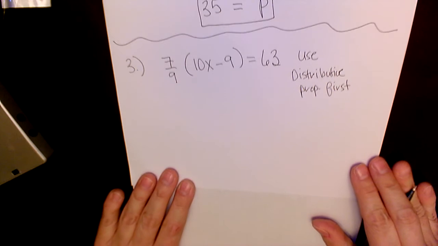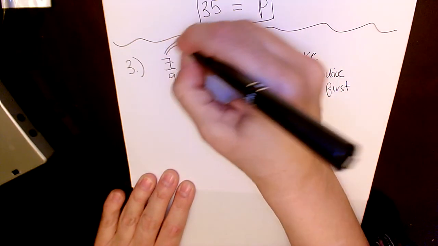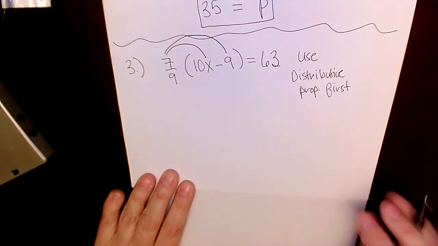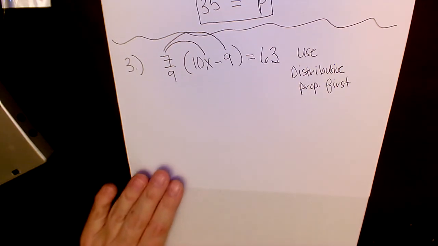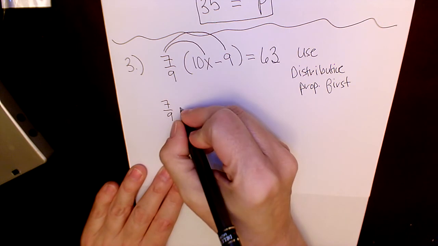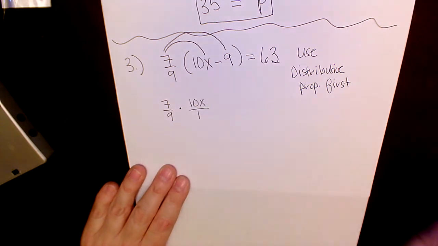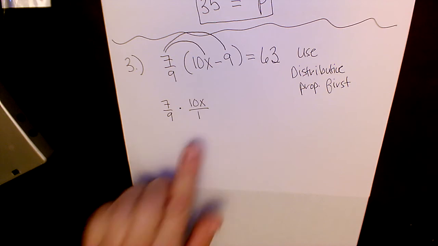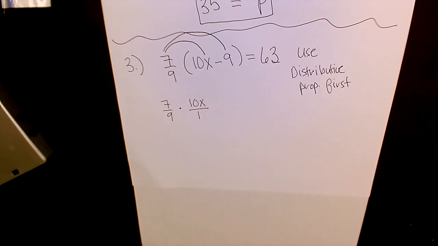And that just means I'm going to multiply 7/9 times 10x and 7/9 times -9. So I'm going to take 7/9 times 10x, and I'm going to make that 10x a fraction by putting a 1 underneath it.